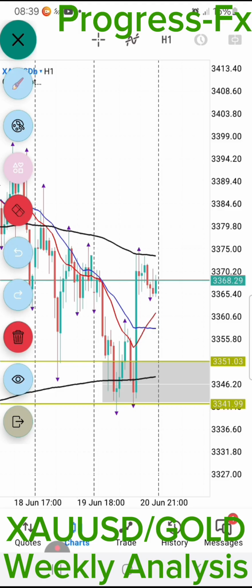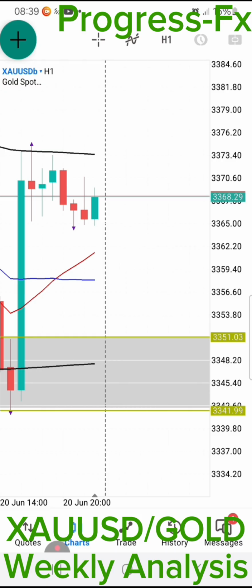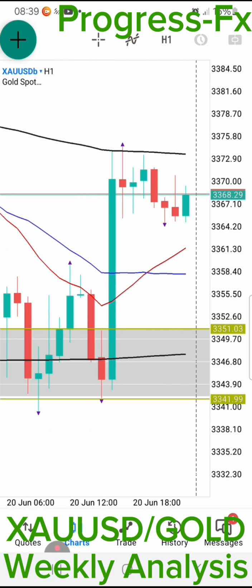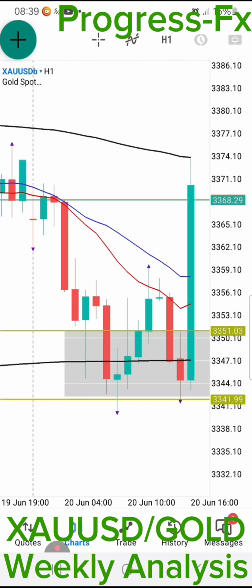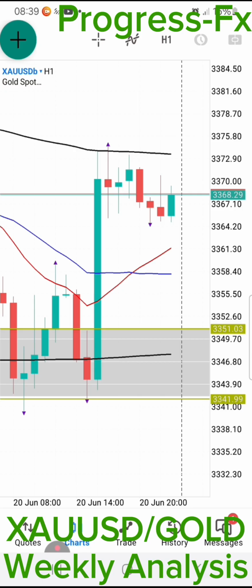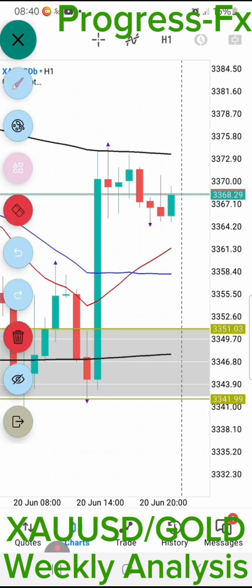This shape was for H4. And when you look deep now, you will understand that in H1, the same engulfing candlestick started at this area.